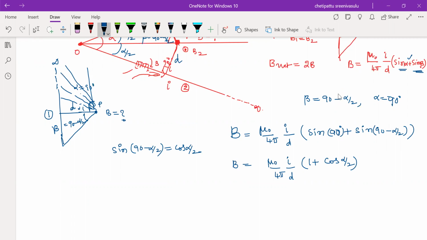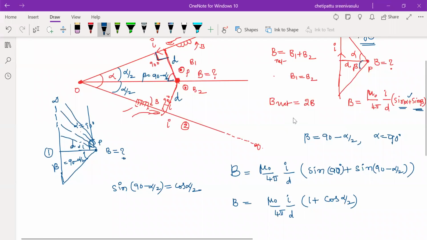Now what about the D value? Tell me how to calculate the D value. From the triangle, look at here. This is O, let us take A, this is C. From the triangle OAC, what can I write?